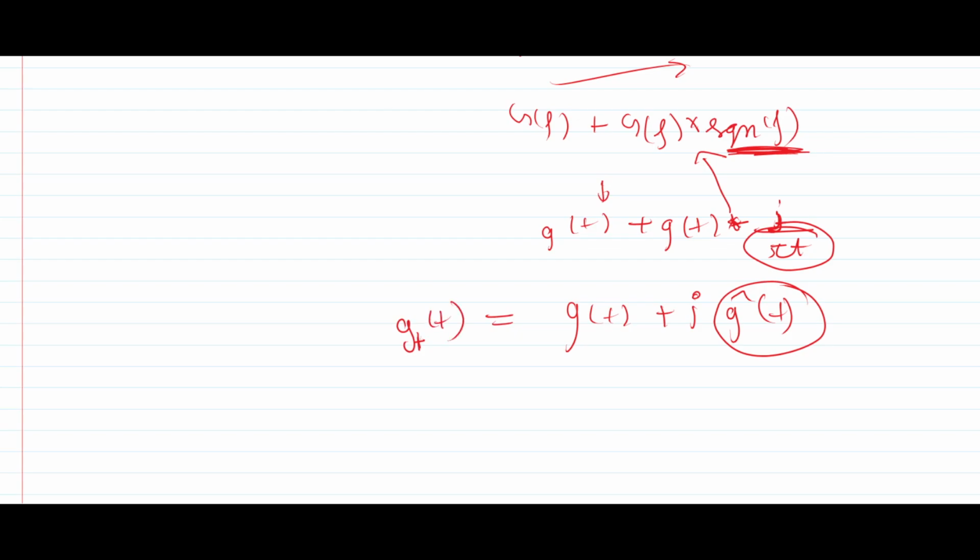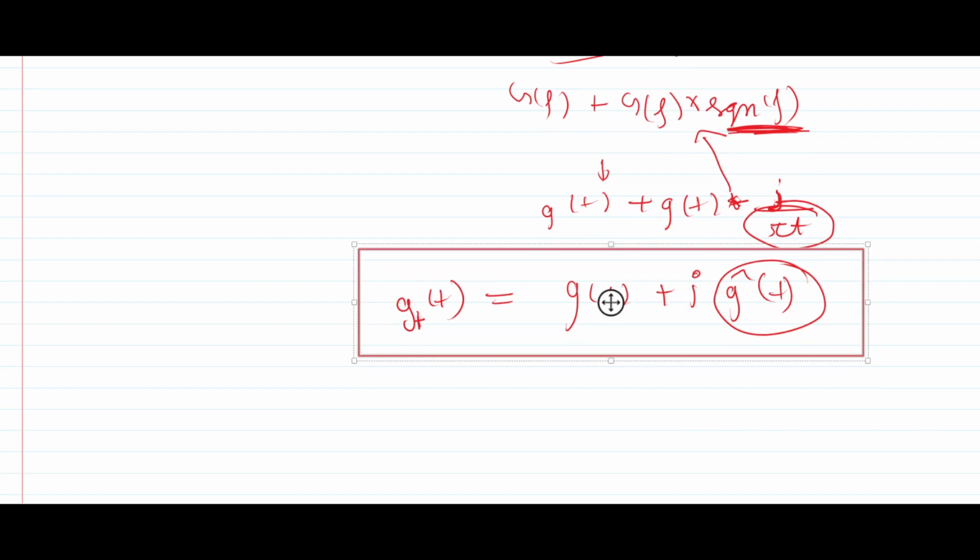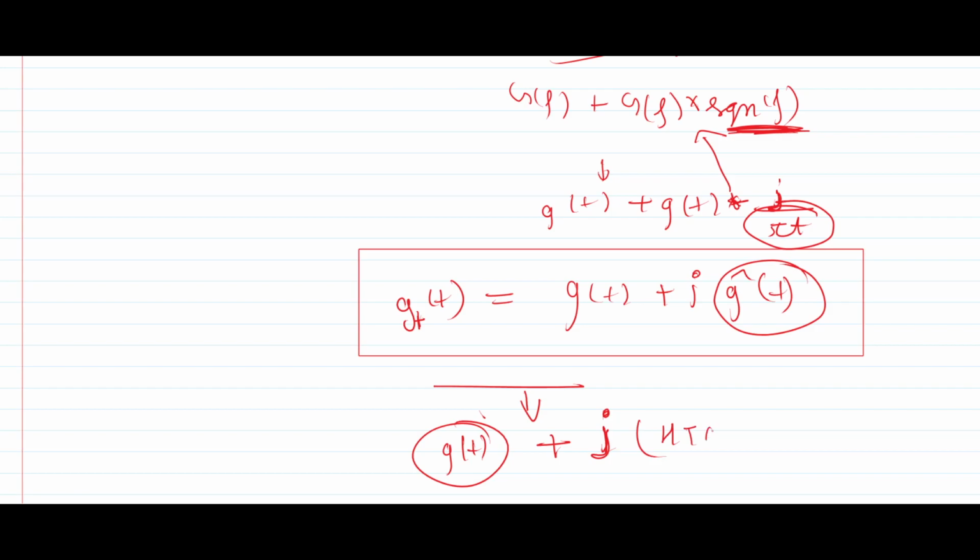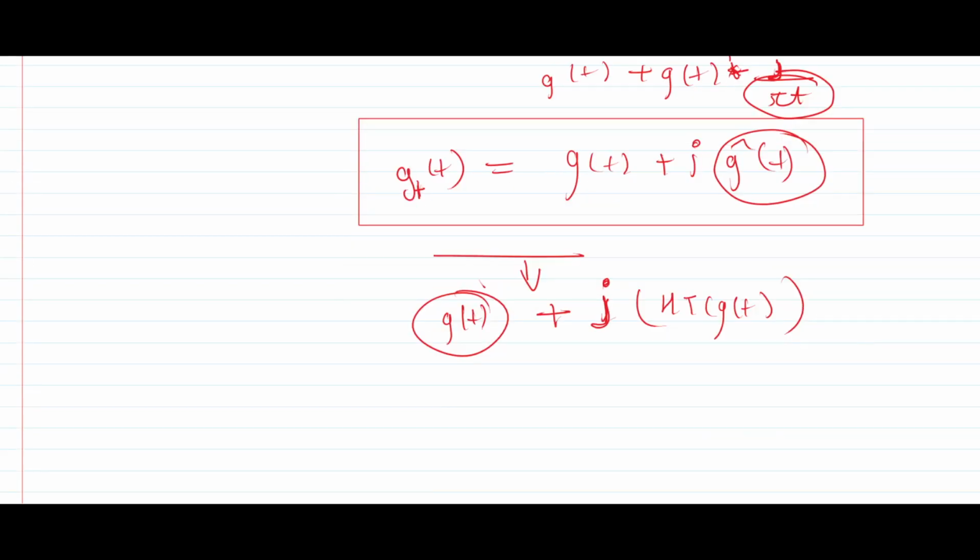So how can you determine the pre-envelope? If you are given a particular equation, how to find its pre-envelope? It can be found by taking it plus j into the Hilbert transform of g(t). This is the simple manner if you are given an equation.